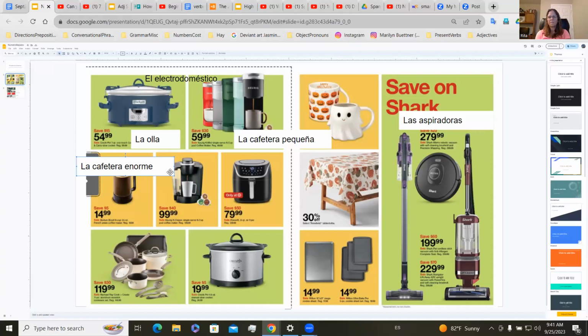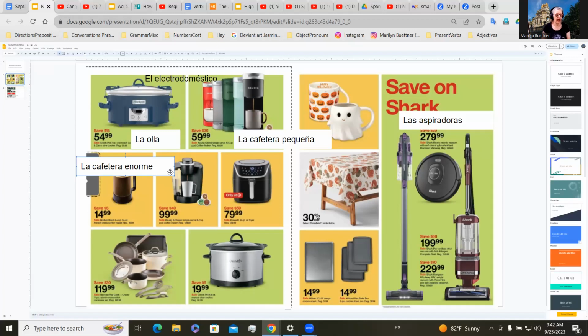To vacuum, para expresar la acción de vacuuming como verbo, es pasar la aspiradora. Pasar la aspiradora. To pass it over your carpet. ¿Sí?